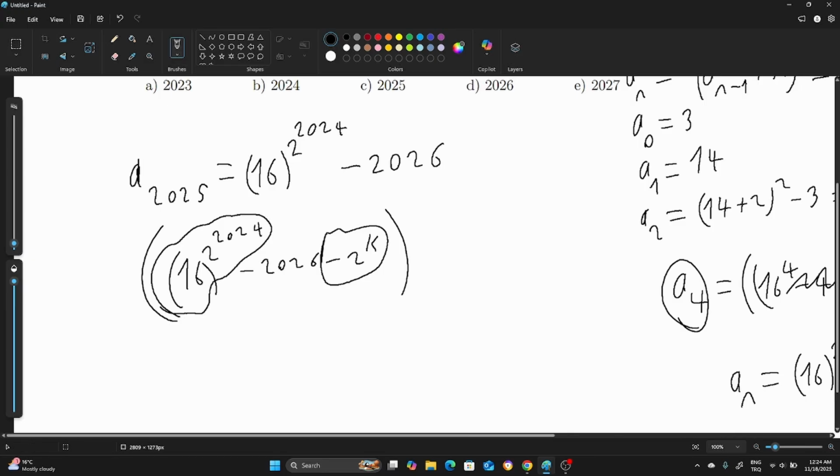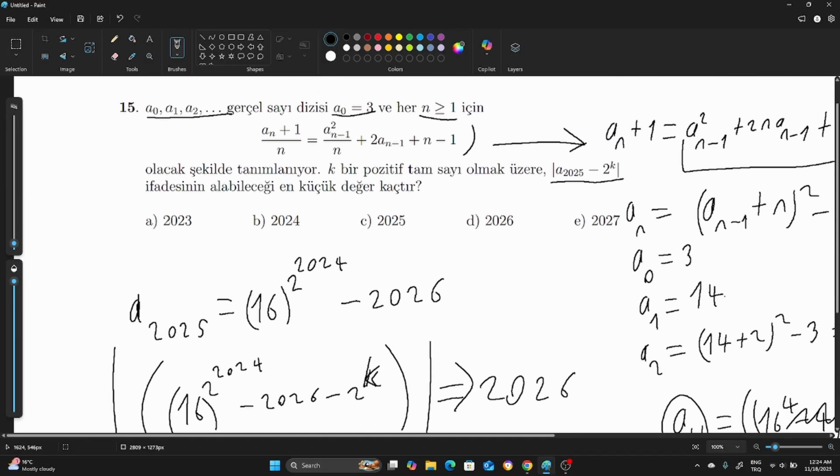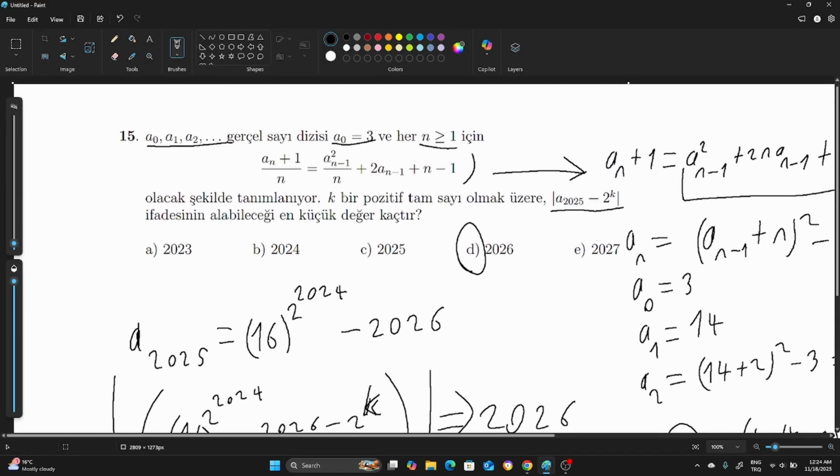They both can be written as base 2. So if we set these things equal to each other for some large k, then we are only gonna be left with 2026. And since this is in absolute values, the minimum this expression can take is 2026, and that is why the answer is D.